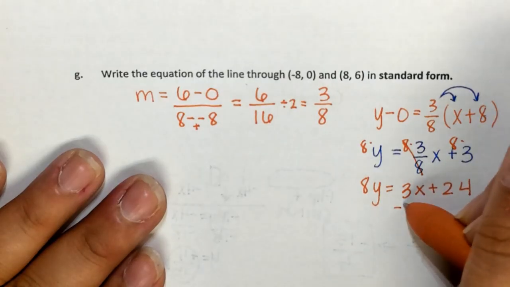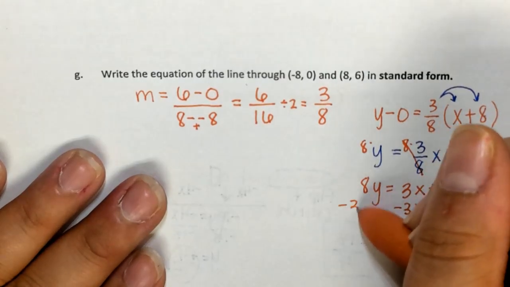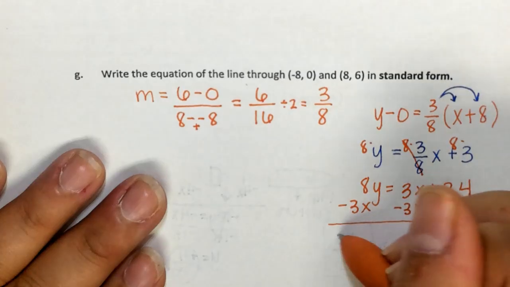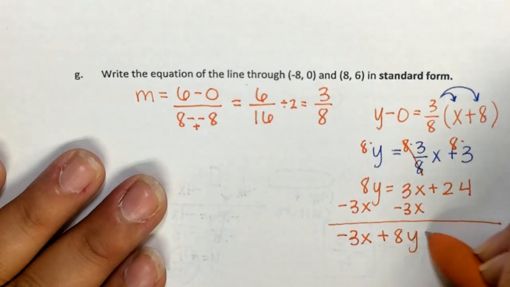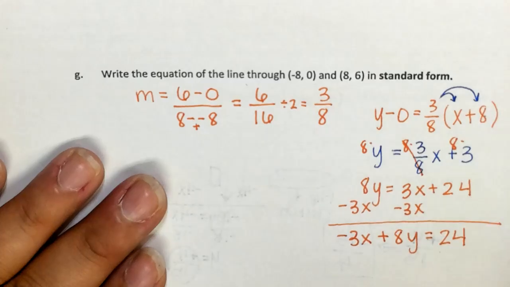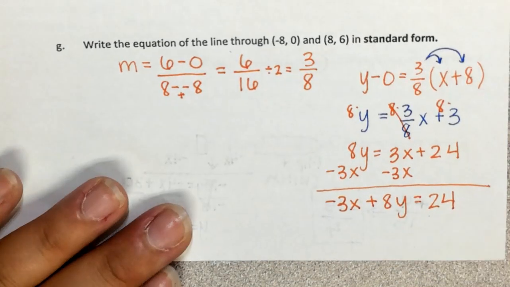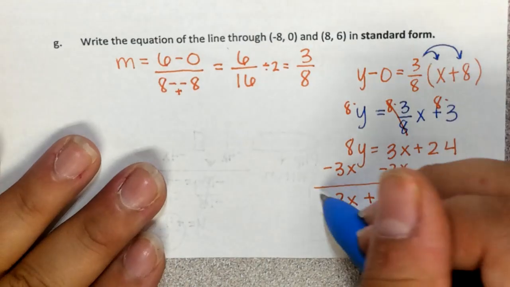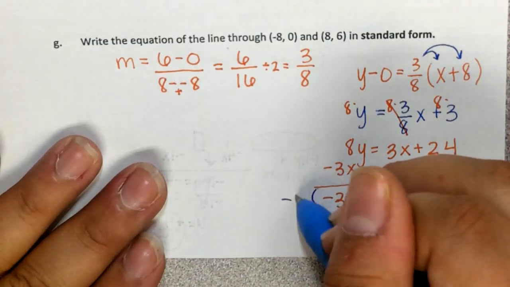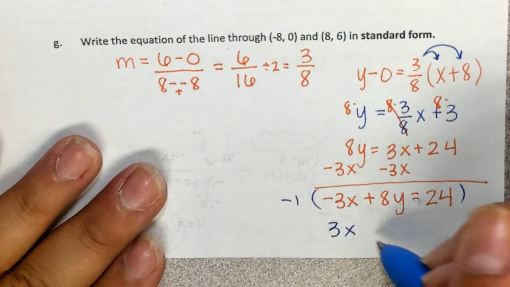I want to get x and y together. So that's going to give me negative 3x plus 8y is 24. Why is this not acceptable? So what am I going to do to get rid of this negative x? Change all of the signs.